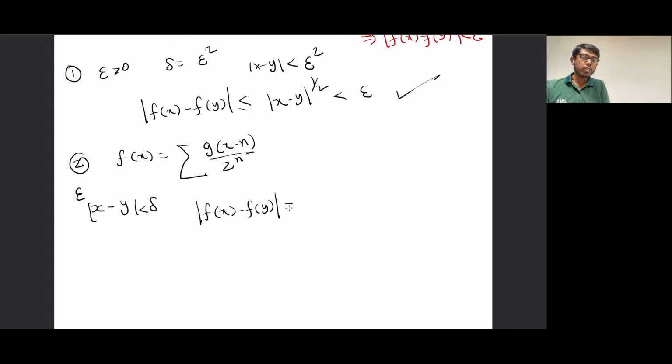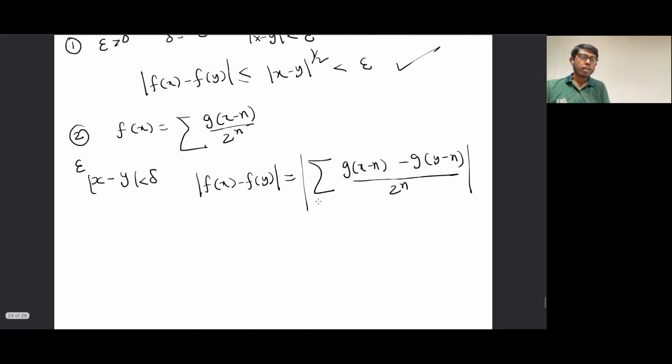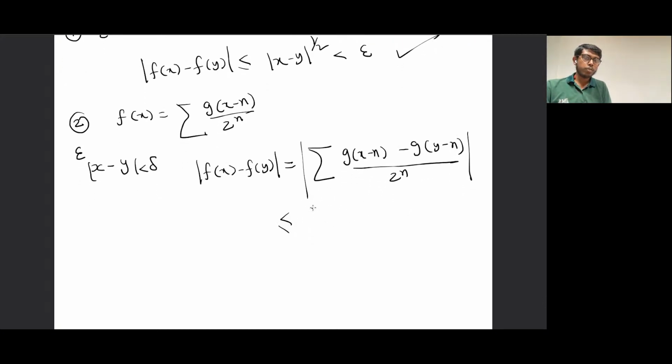This is equal to the summation of g of x minus n minus g of y minus n by 2 to the n, and this is less than or equal to the summation of mod of g of x minus n minus g of y minus n by 2 to the n.